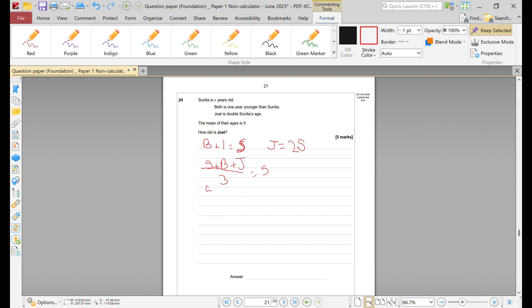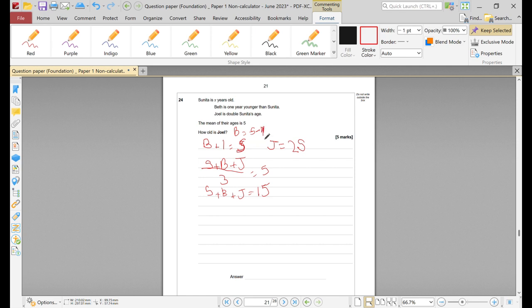So we know that in sum, S plus B plus J is equal to 15. So the sum of the ages is 15. So we know that J is equal to 2S, and we know that B plus 1 is equal to S. Or we could also say that B equals S minus 1.